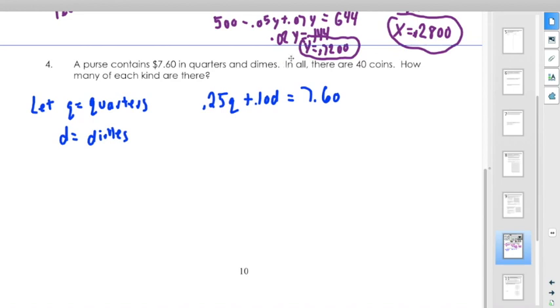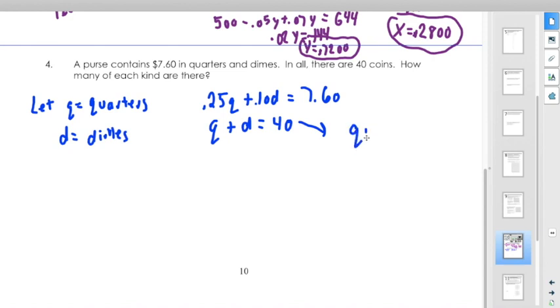Right? But then in all, there's 40 coins together. We know Q represents quarters, D represents dimes. So these two combined should equal 40 coins, right? Well, again, this looks like another substitution method to me because I have Q plus D equals 40. It's very easy to isolate one of these letters by itself.